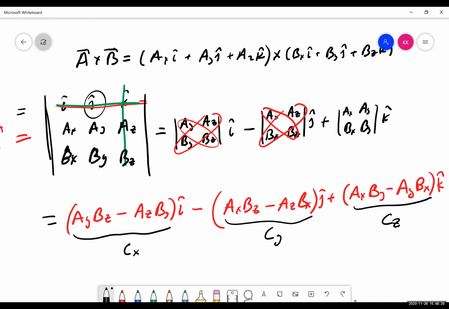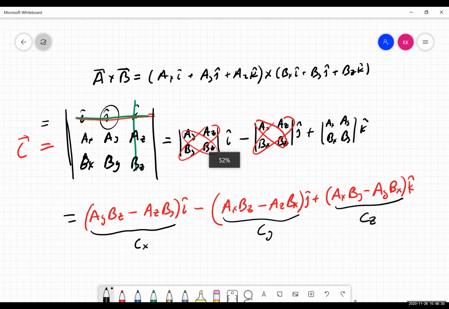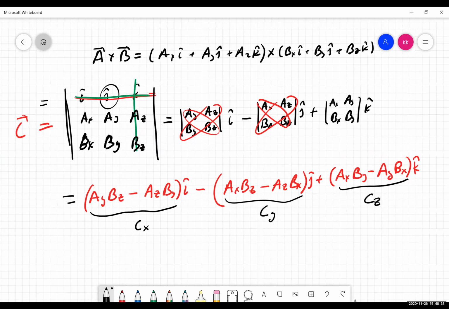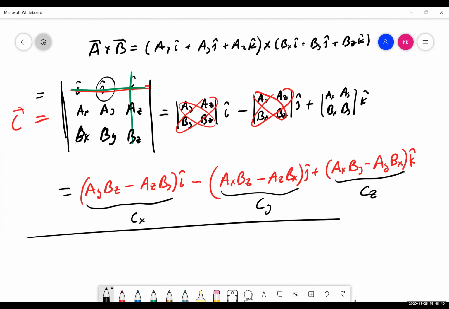Right, so this is one of the ways we can do it. If you have somewhat complicated A, B vectors in terms of their components, this is one of the ways you can do it. Another way is to remember one thing about the unit vectors. If you're doing I hat cross I hat, the magnitude of each one is 1.